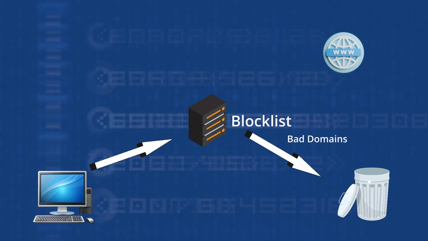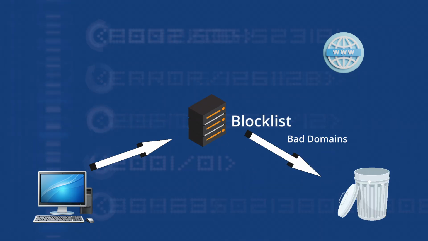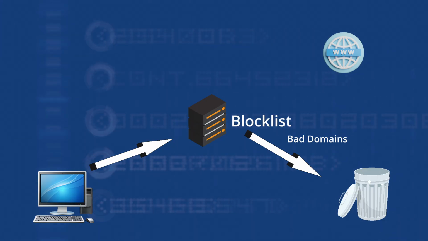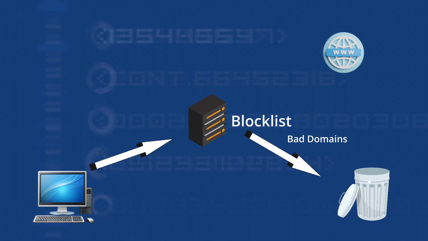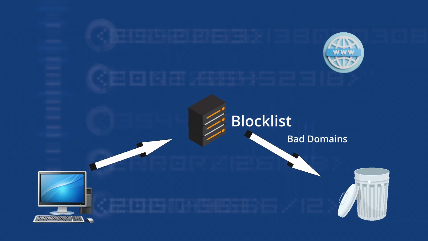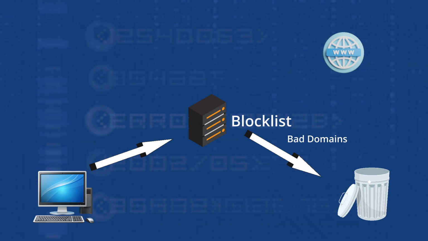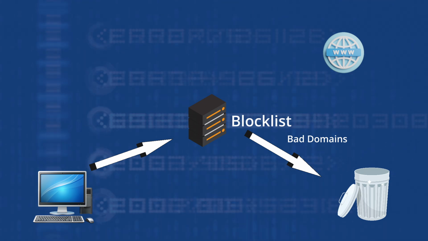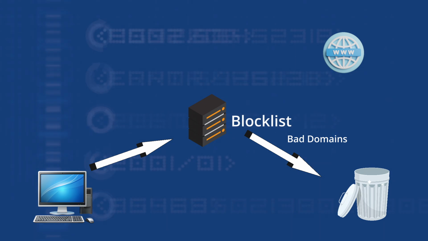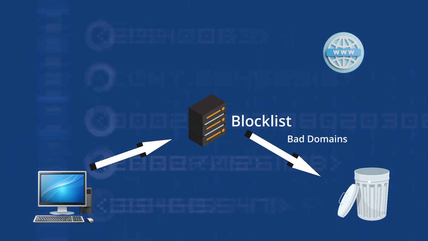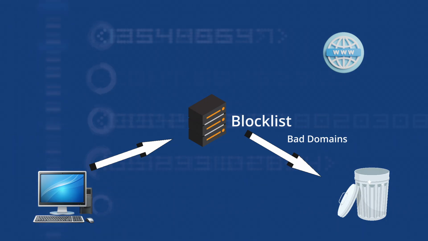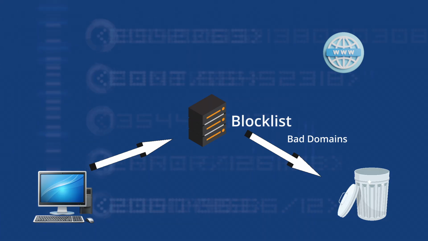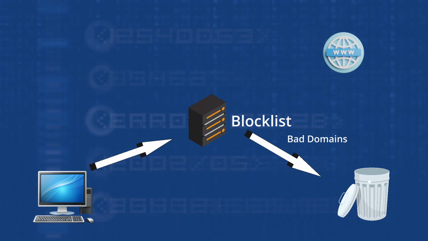So fundamentally, things like ad blockers and Pi-hole will take a list of known ad or known bad URLs or domains and just not forward those requests, making it so that your devices just never find out where those domains are. There's a lot more to both DHCP and DNS, and there's a lot that you can do with them. But for the scope of today's video, that should be enough information to get us going.